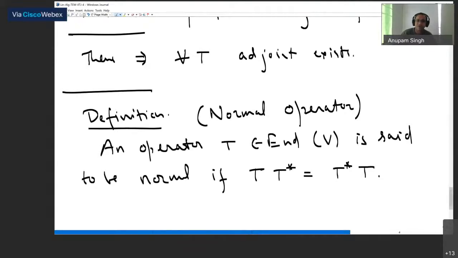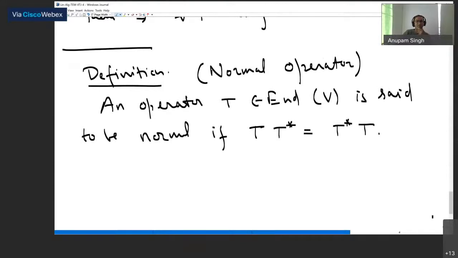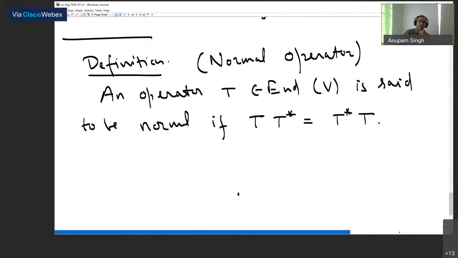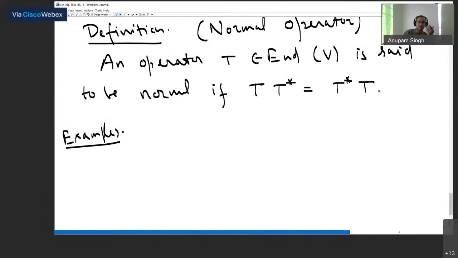Okay. So it looks like we can't say much about such kinds of operators because the equation looks very strange. The thing is that this kind of operators include many well-known examples. So let's write down examples of normal operators. That is where usually normal operators are applied in some sense.